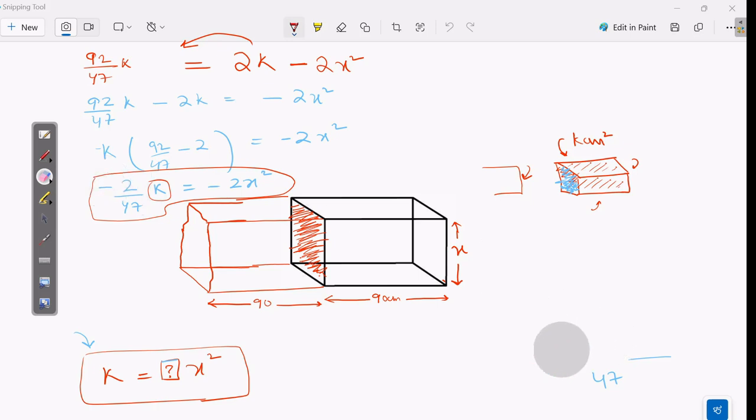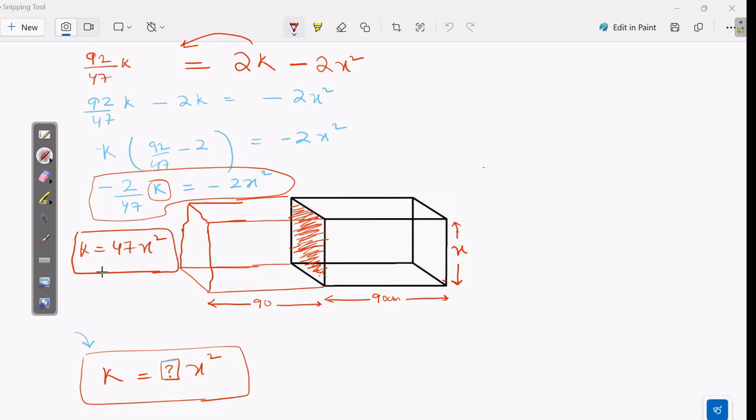Then I have to multiply both sides by negative 47 over 2. Yes. So that means k is equal to 47x square.